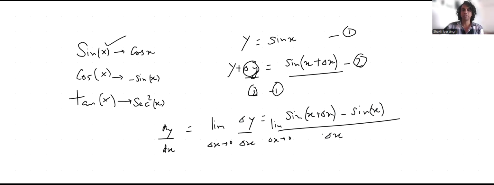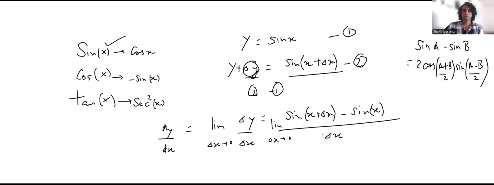Now we can apply the sine A minus sine B formula here, and that is equal to 2 cosine A plus B by 2 sine A minus B by 2. So let's apply it here.